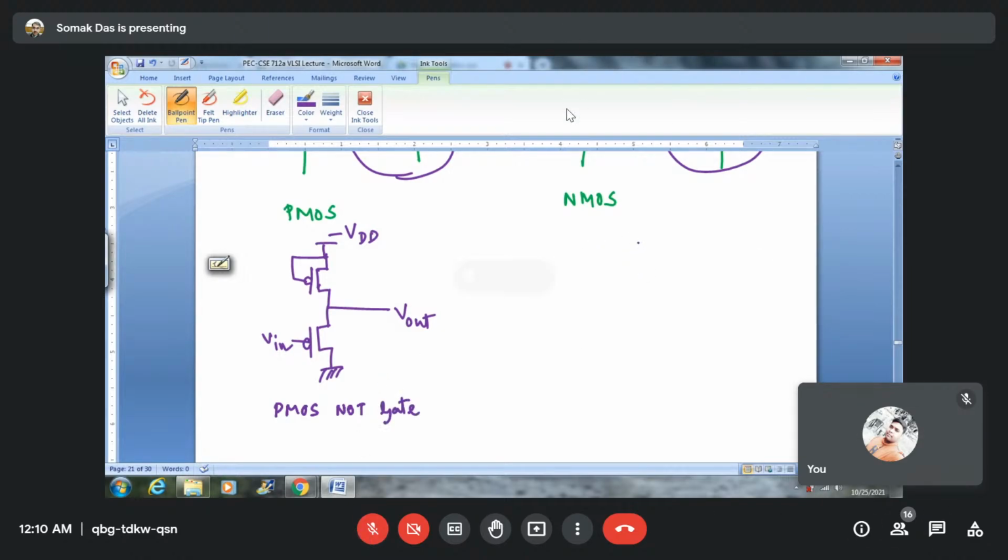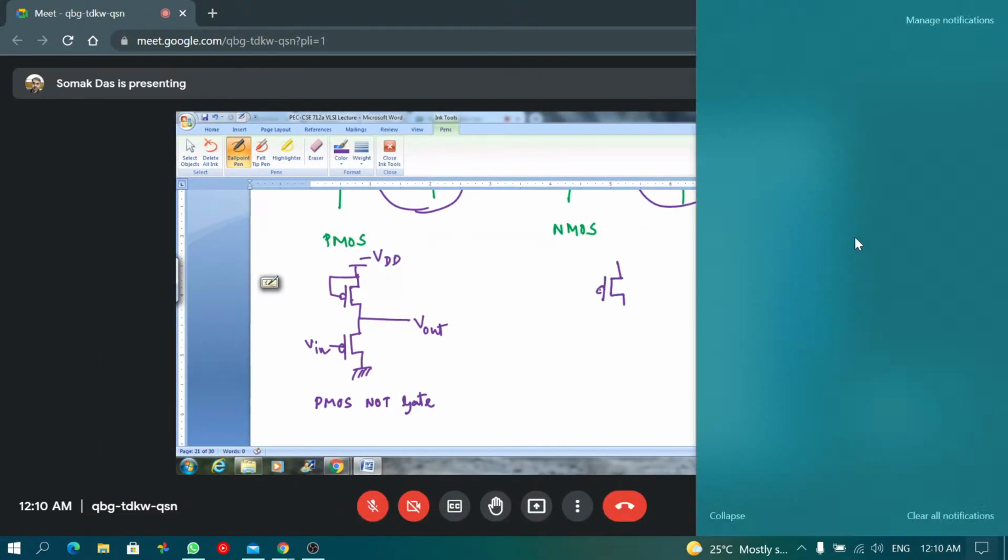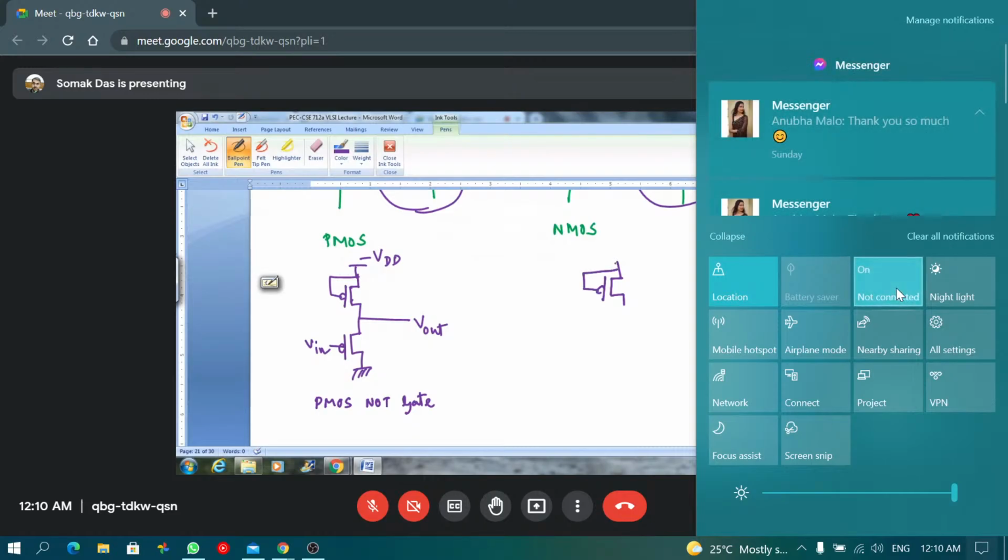And for the PMOS NOR gate, the load transistor remains the same.